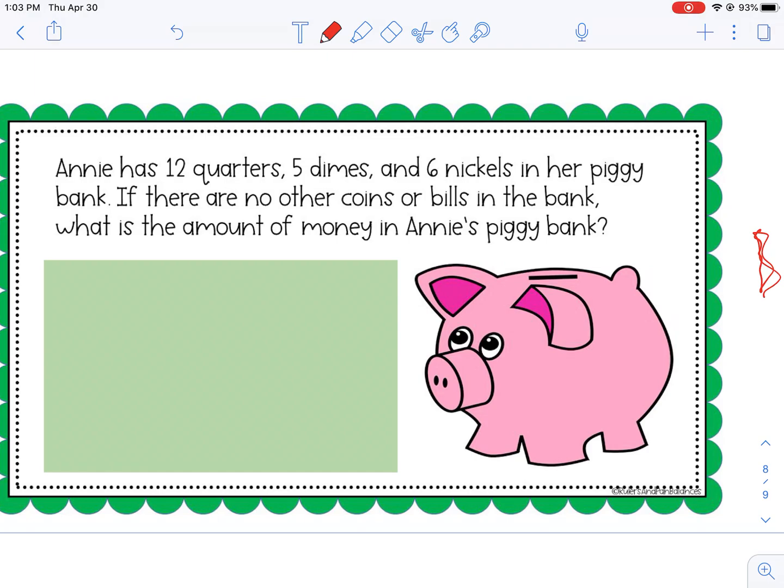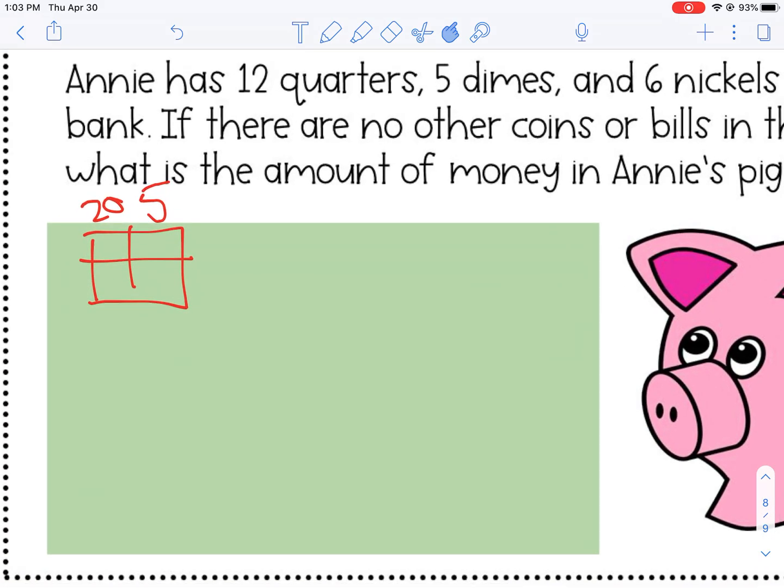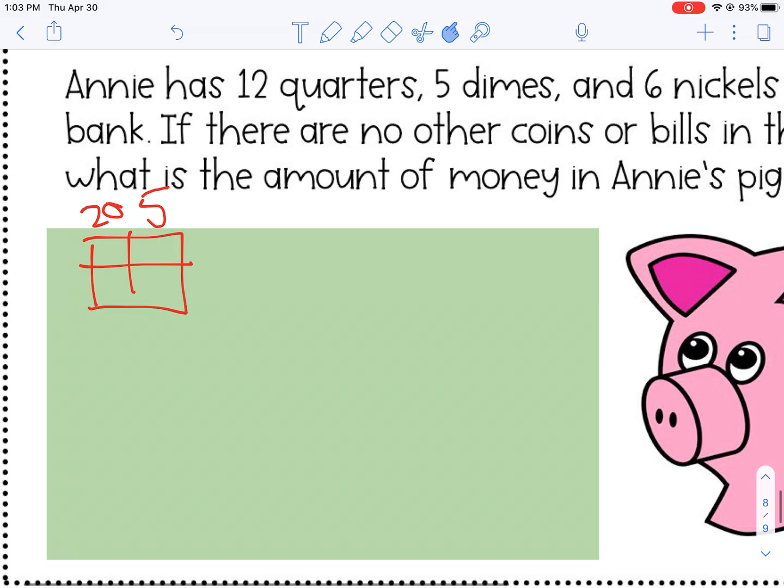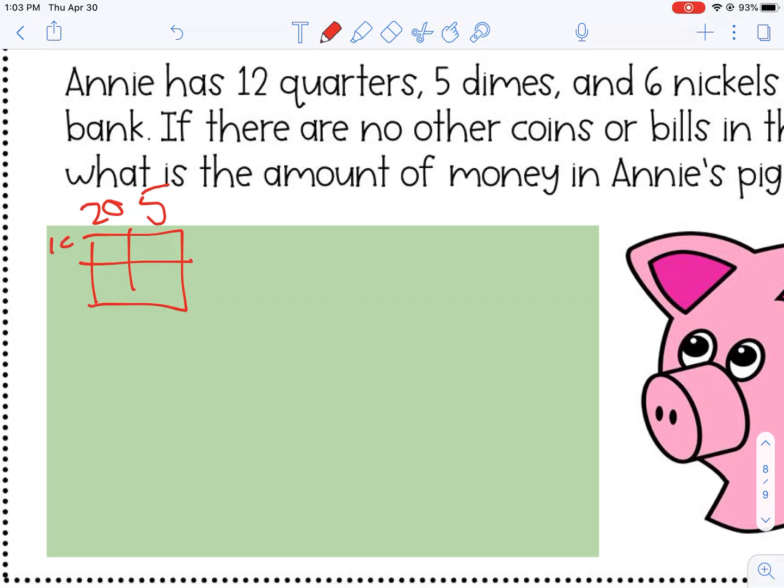So right here it says she has 25 quarters. Quarters are worth 25 cents. So I would do 25 and then, I'm going to make it a little bit bigger, 25 and 10, oops, sorry, 10 and 2. So I do 10 times 2 is, well, 1 times 2 is 2. And then we have the Hernandez hack, so 200 right there.